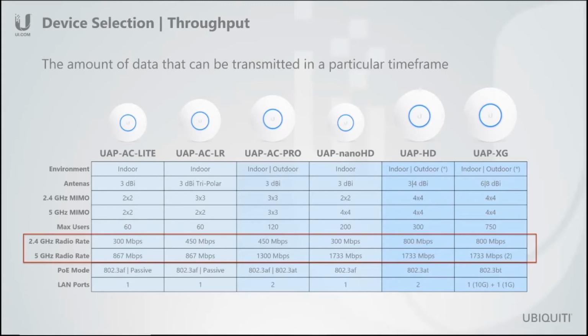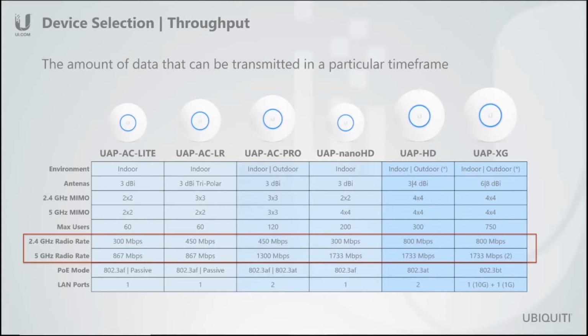As well as for 5 gigahertz radios, again the XG, since we talked about this, has a couple of radios in it, which will be useful for adding twice as many clients, which means that it will have an aggregate throughput of 1733 per 2 radios.